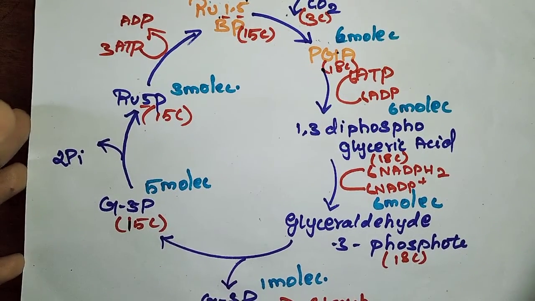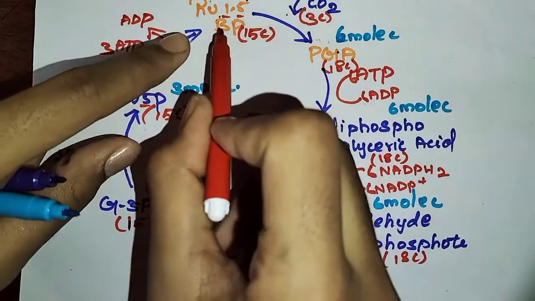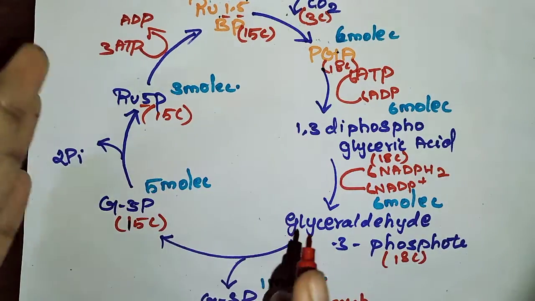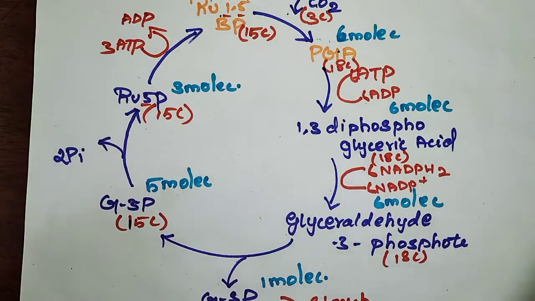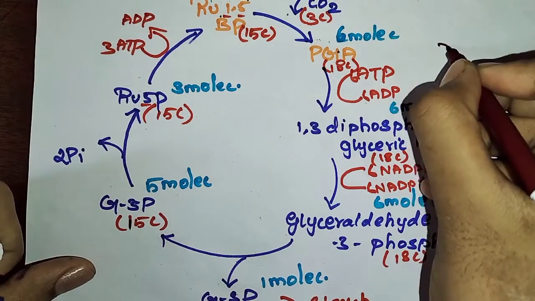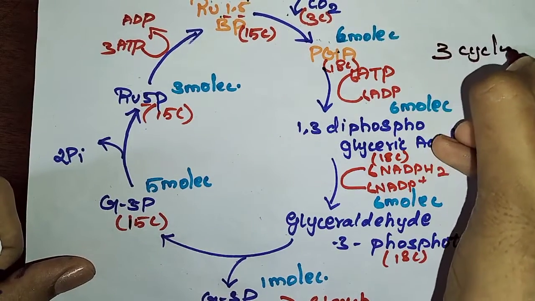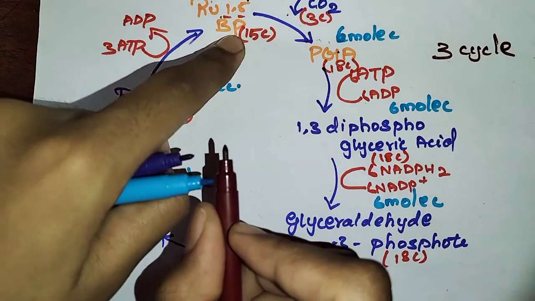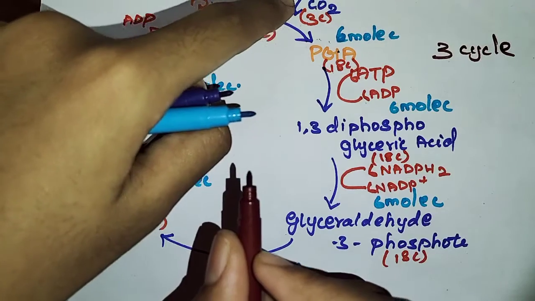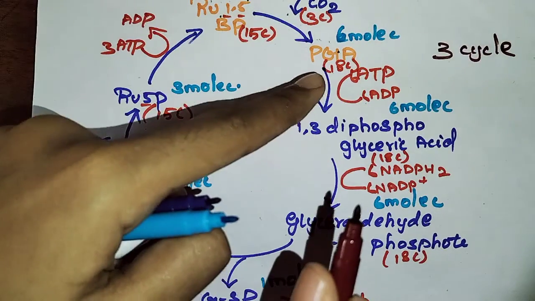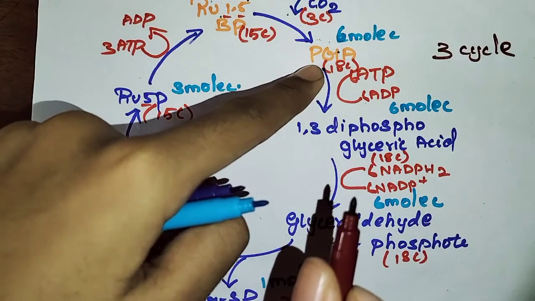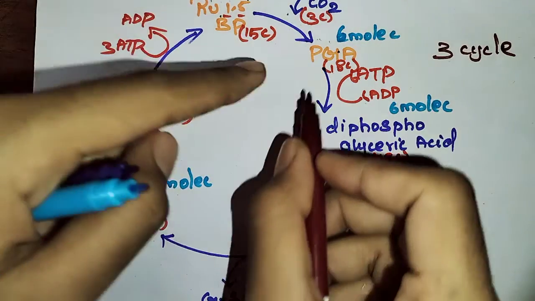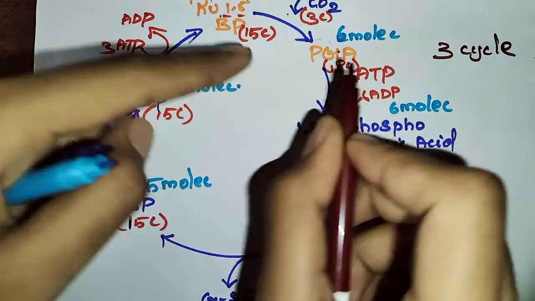Let's review very fast. Ribulose 1,5 bisphosphate, I am drawing this as 3 cycles. Again I am saying this is 3 cycles, not 1 cycle. So 15 carbon and 3 carbon dioxide fix to give an 18 carbon compound, phosphoglyceric acid.